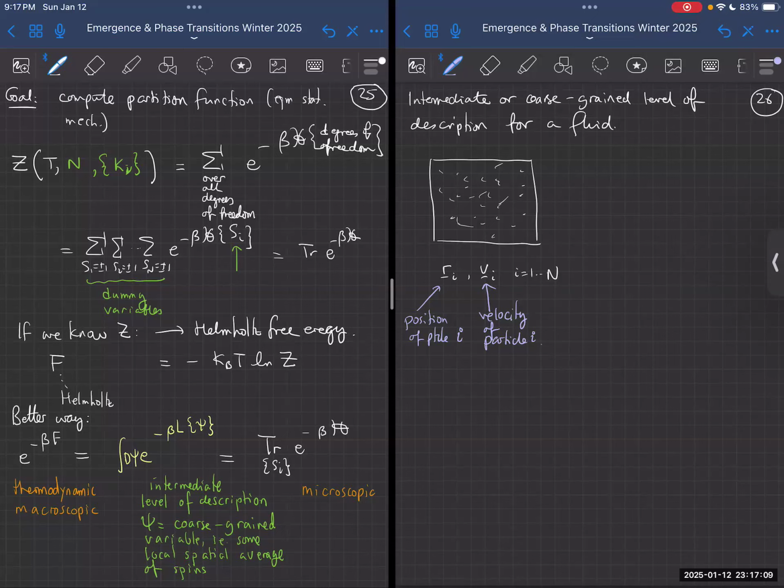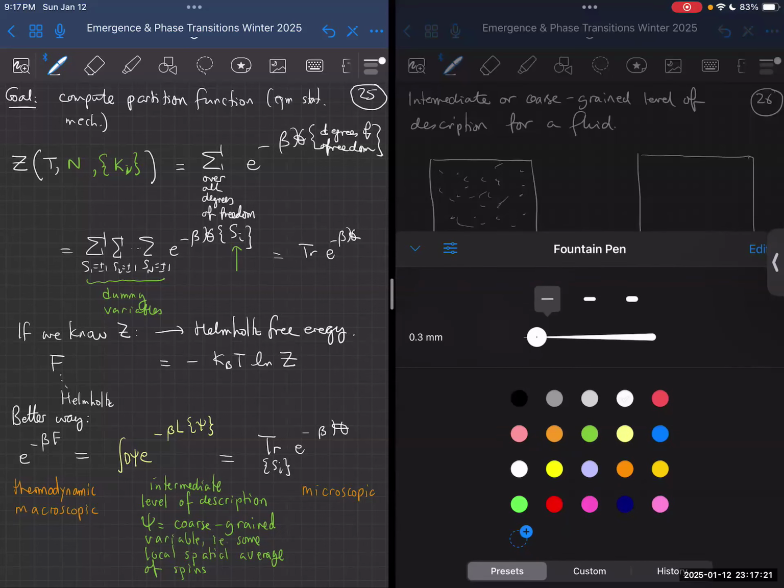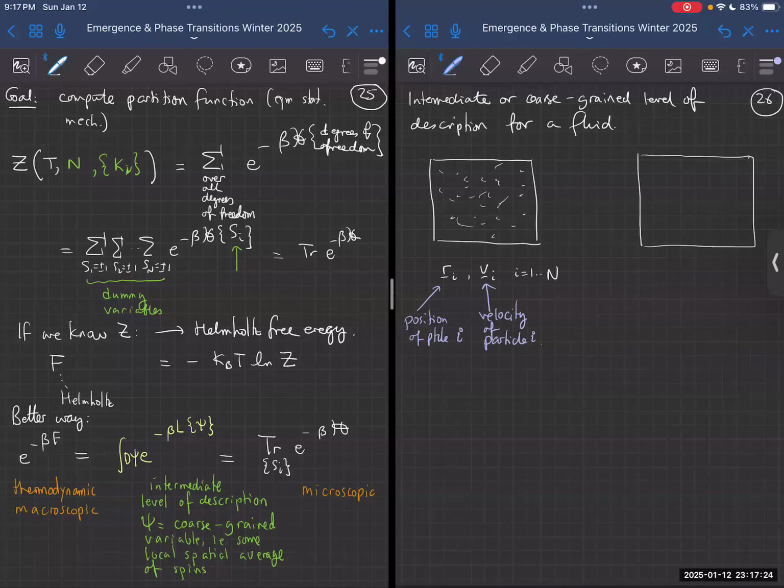So this is the position and the velocity of particles. Okay, nothing special about that. But if I really want to think about, say, fluid mechanics, I really don't want to worry about each individual degree of freedom. So what I will do is draw some lines in here, and in this little sub-volume, I'll count how many particles there are, and that means I can work out the average density.